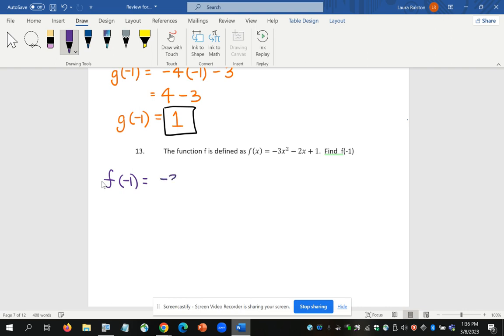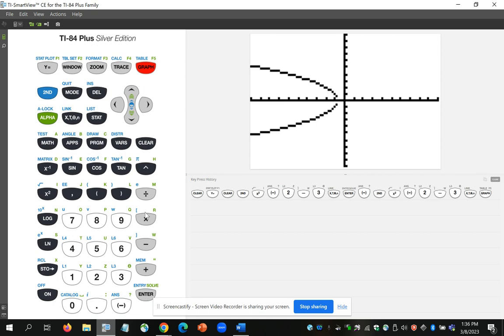So we have -3 times -1 squared minus 2 times -1 plus 1. Now again, I can type this entire thing into my graphing calculator and it will do it all at one time. In case you're going to use the calculator, I want to make sure you know how to enter it correctly. So I'm going over to my calculator.